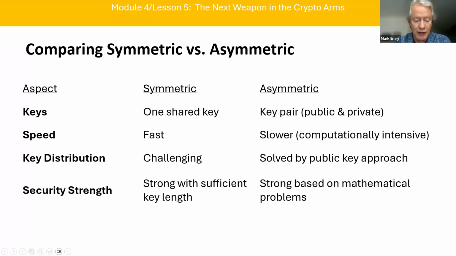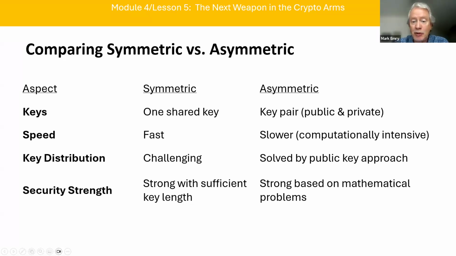Now, when we're comparing the two, if we look at the keys, in symmetric, there's one key shared. Asymmetric, you have your key pair, the public key and the private key. The symmetric is usually a bit faster than asymmetric key encryption. Asymmetric is a little bit slower because it is computationally intensive.